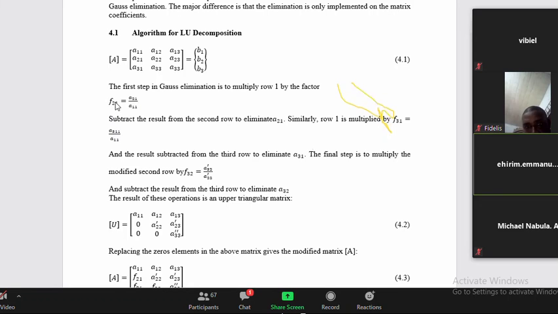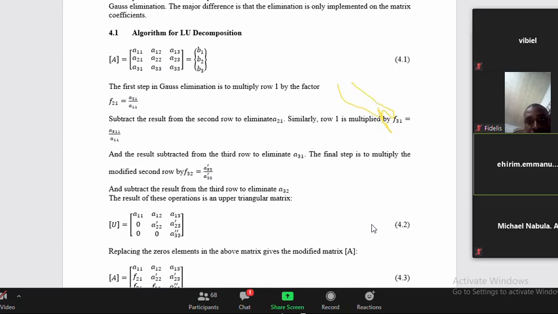All those factors: F21, which is A21 over A11, is used to eliminate x1 from this point, and then A31 over A11 is used to eliminate x1 from this point, and then A32 prime over A22 prime is used to eliminate x2 from here.